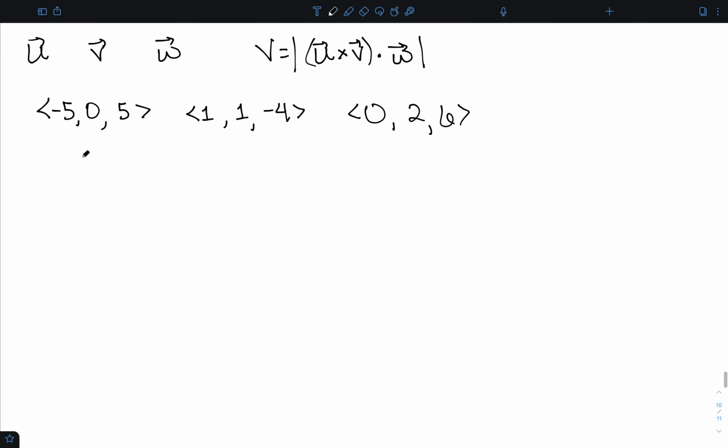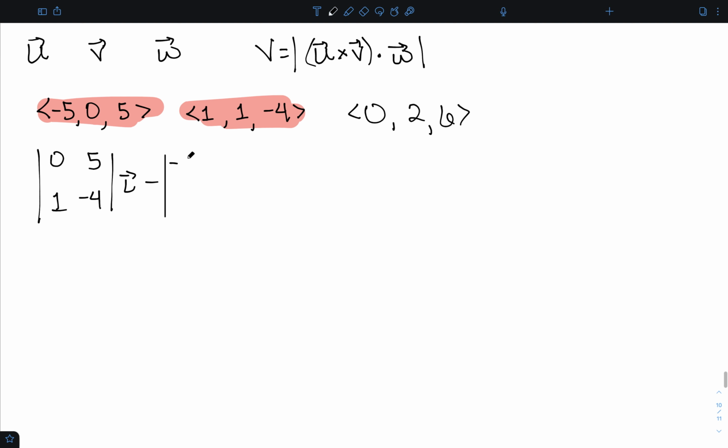I need to start by taking a cross product, and I'll start by taking a cross product of the first 2 vectors. Ignoring the first coordinates, I have 0, 5, 1, -4 times i, minus, ignoring the second coordinates, -5, 5, 1, -4 times j, plus, ignore the third coordinates, I have -5, 0, 1, 1, k.